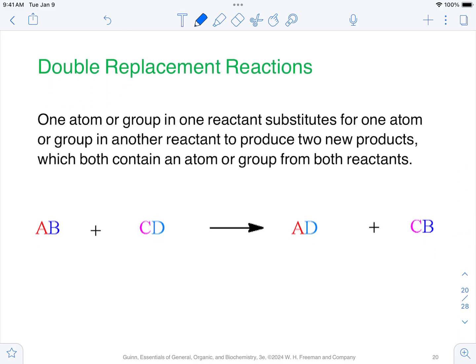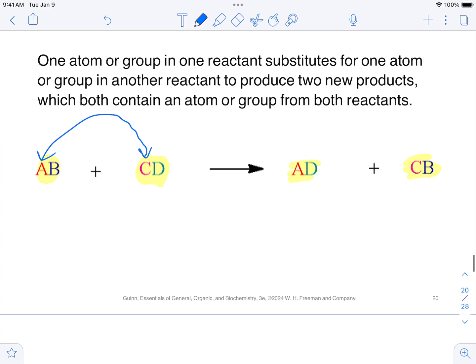And we have a double replacement. Same idea as single, except now two things are switching spots. So we have A and B together, and we have C and D together. And what happens is A and C switch spots. So we're left with A and D and C and B. Important to note that A and C are cations.